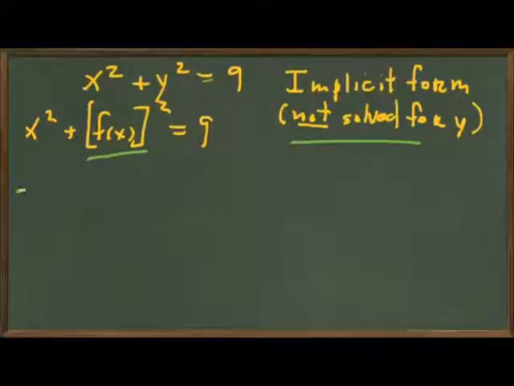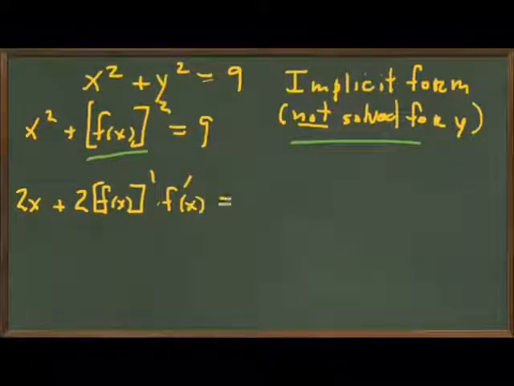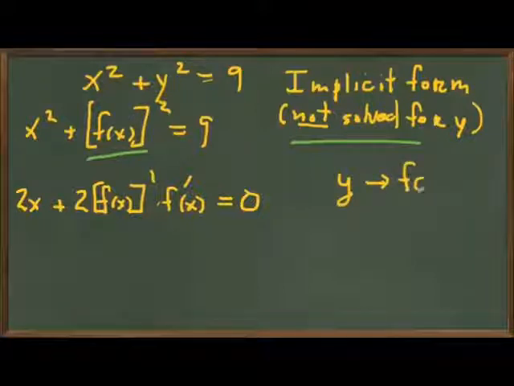So the derivative of the first term is 2x, the derivative of the next term by the chain rule, bring the 2 down, reduce the power to 1, leave the f of x in there, multiply by the derivative of the inner f prime, and then the derivative of the 9 is 0. And now we're going to go backwards. So note that we first changed y over to f of x.